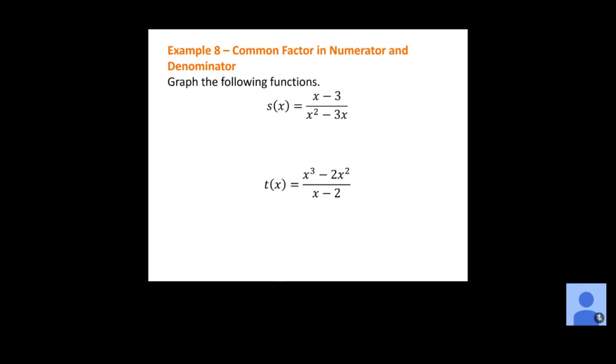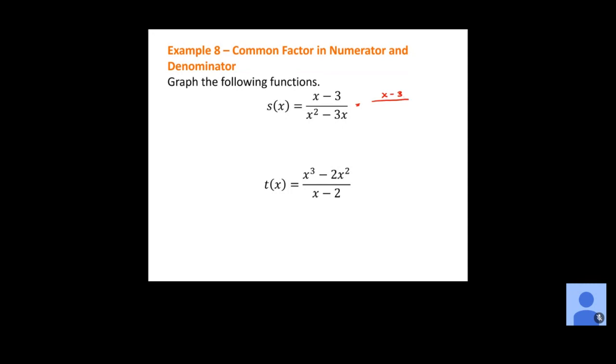Good. We need to factor first, right? So let's take a look at what we've got here. Is there anything we can do with the numerator this time? No, right? X minus 3 is already as simplified as it's going to get, so we'll keep that.